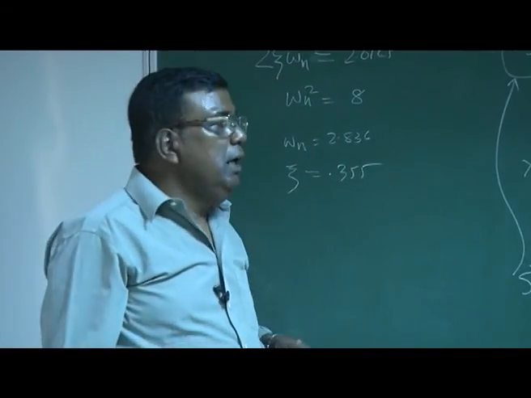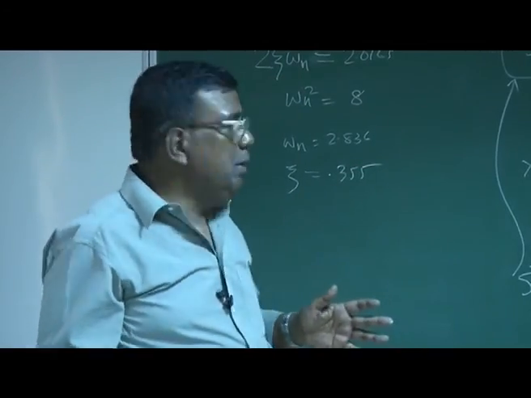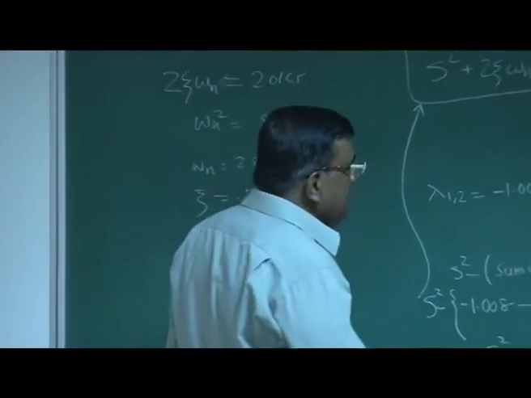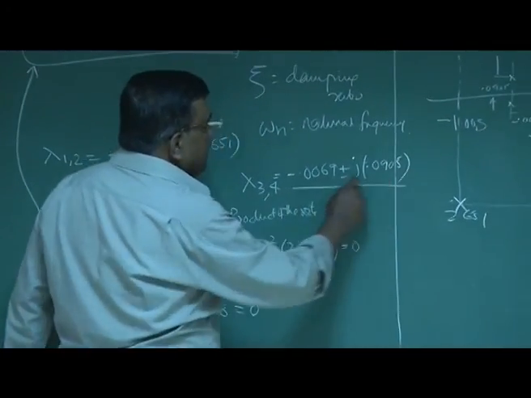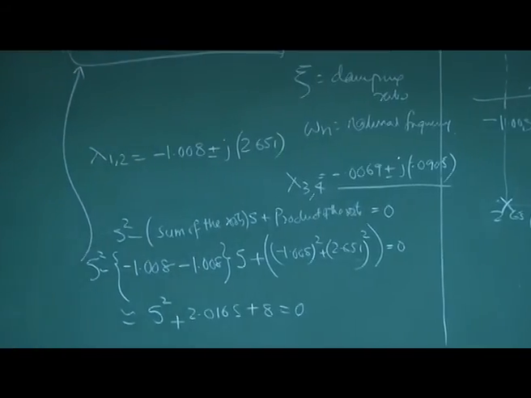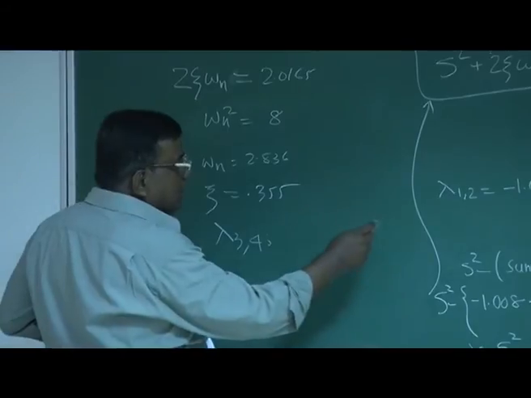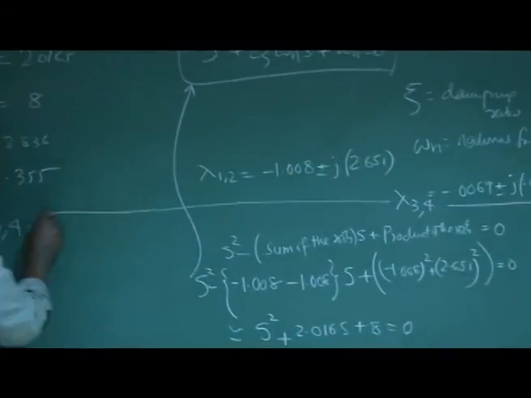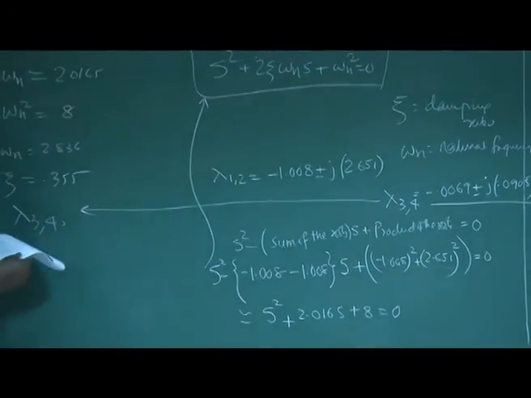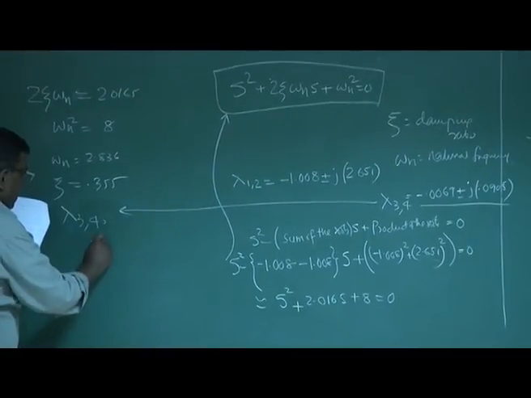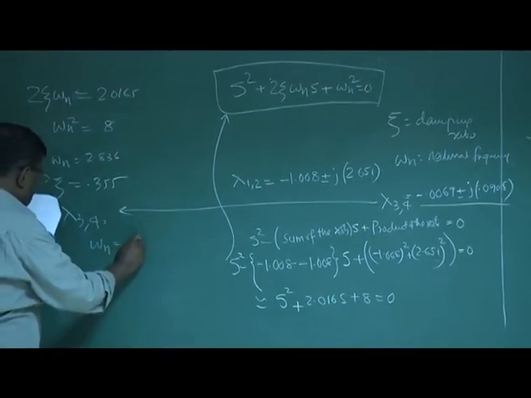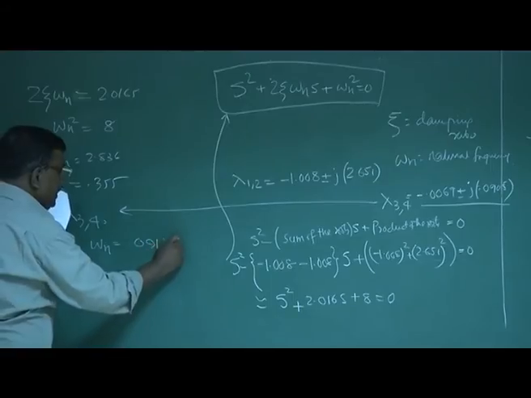But you understand that some sort of kinetic energy and potential energy conversion is there, and it takes a longer time to come back to equilibrium, which you can see easily from the second equation. If we find the roots lambda 3, 4 for this, solving that equation in a similar way to what we have done here, we get omega n equal to 0.091 radians per second.